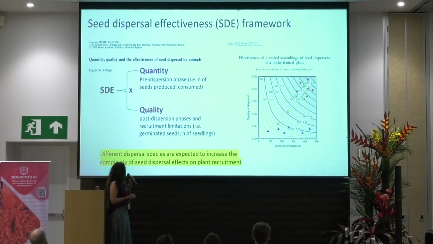And you can see also that there are some groups that, even if there is a lot of seed removal, a high value in the quantity of dispersal, have a low value in the quality. And this goes from less effective to more effective. But if we want to evaluate the effectiveness, we are talking about this corner here.